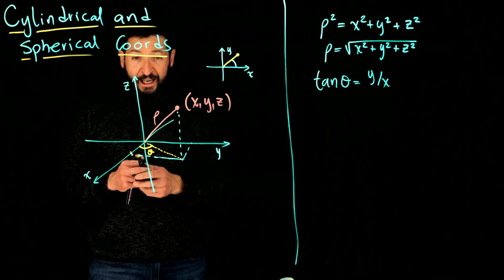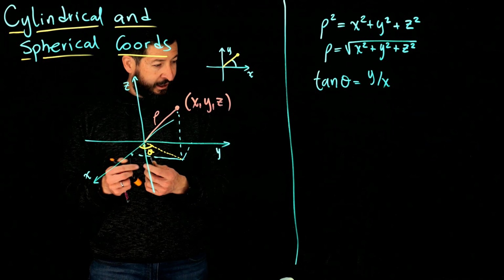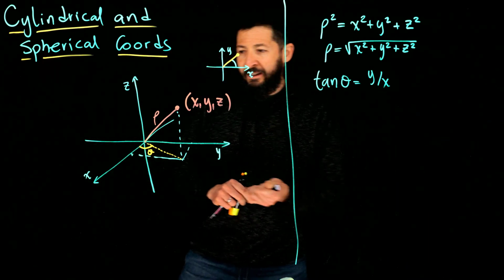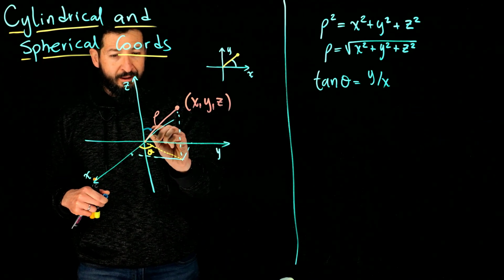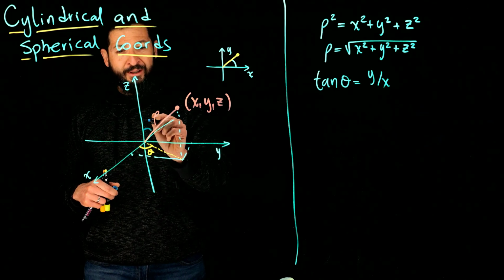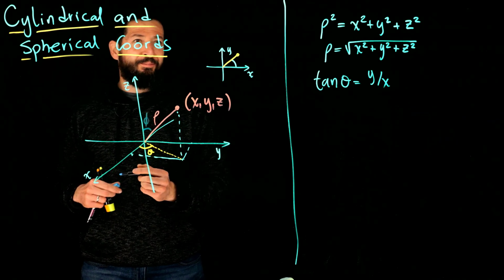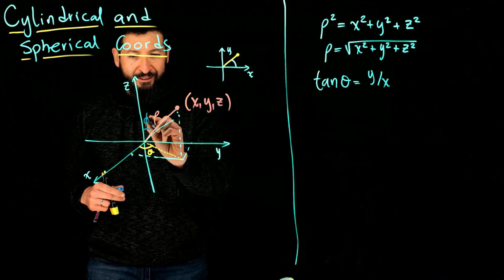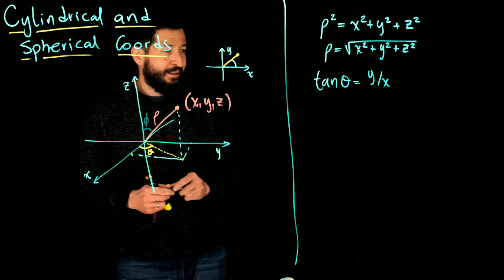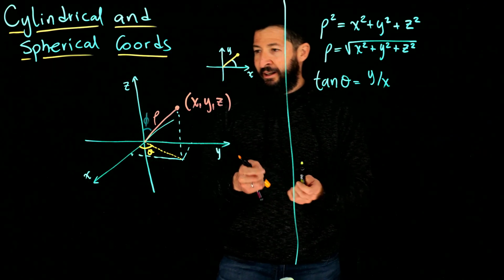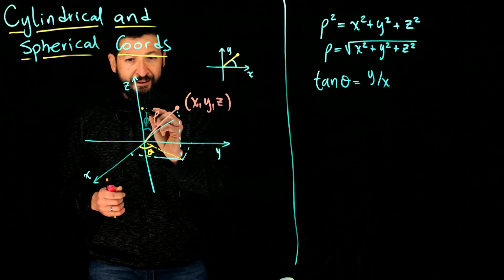Now we need another angle. And that angle, I will try to see if we can see it in blue. Oh yeah, we do. It's going to be called phi. Barely, but we can see it. So phi is going to now satisfy that z.